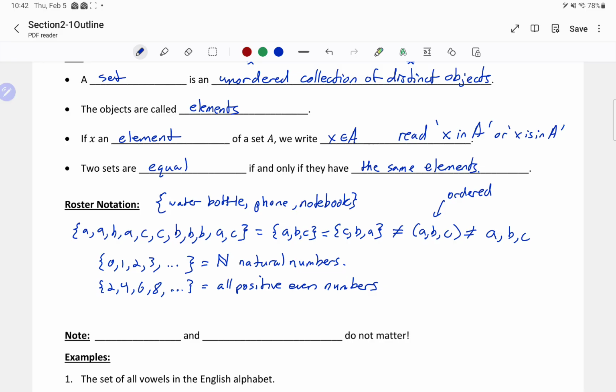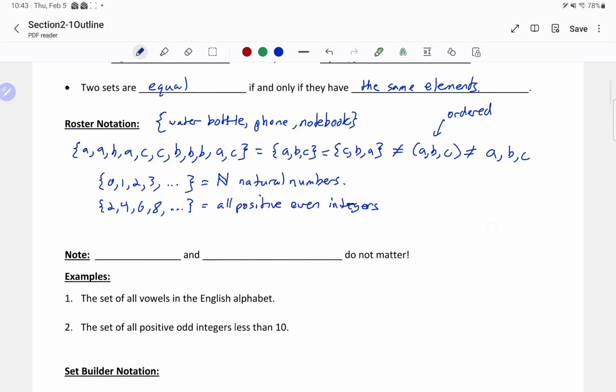You could write all even natural numbers except 0, making an exception. But we may as well just say all positive even numbers. I should probably say integers, but I guess even implies that you're working with integers.